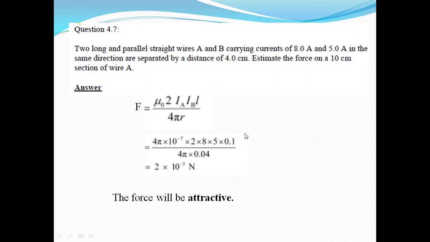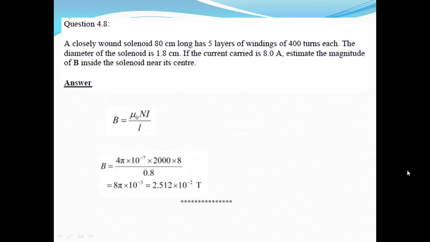And if you remember the theory, two long parallel straight wires carrying current will exert a force, and the force will be attractive if the current is in the same direction, and the force will be repulsive if the current is in the opposite direction. Here we have current in the same direction, and therefore the force will be attractive.